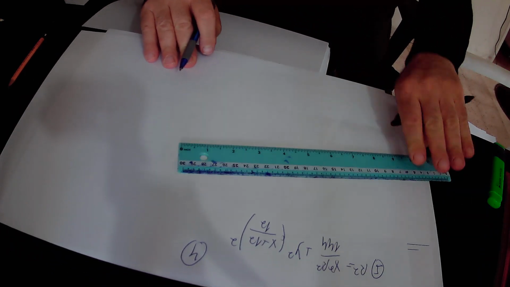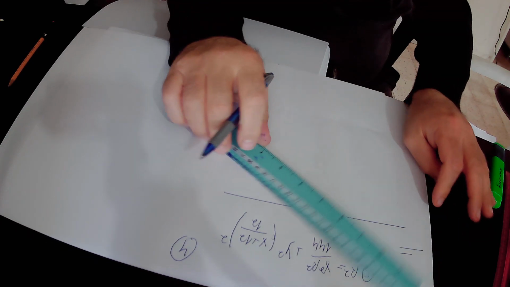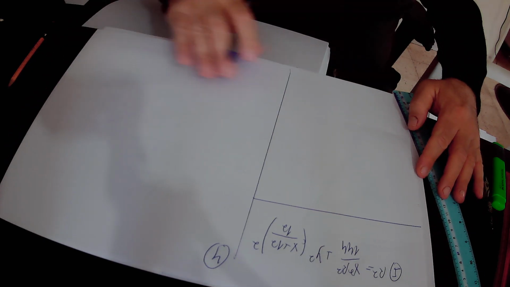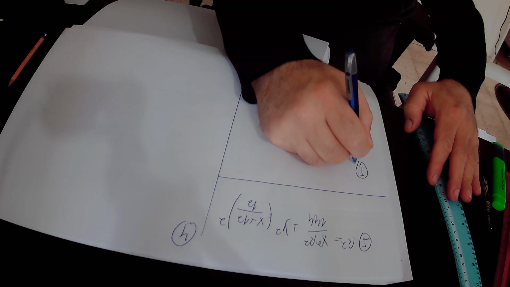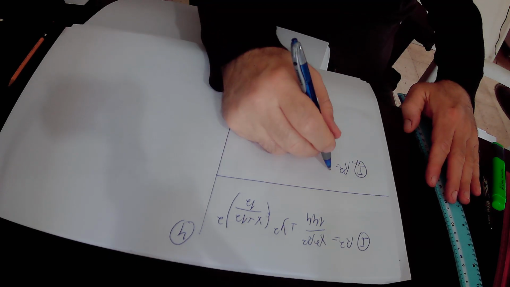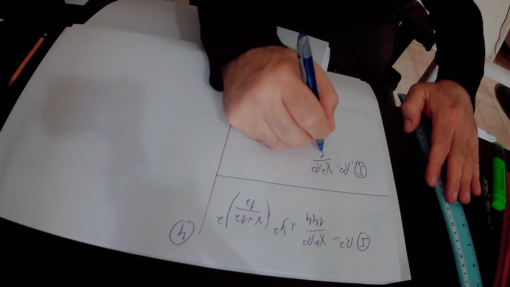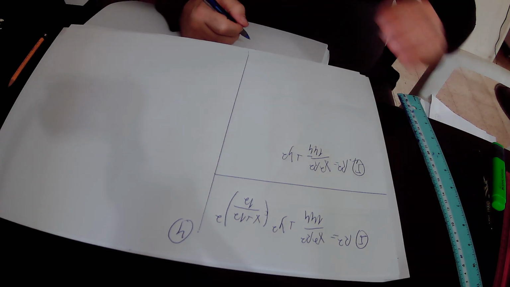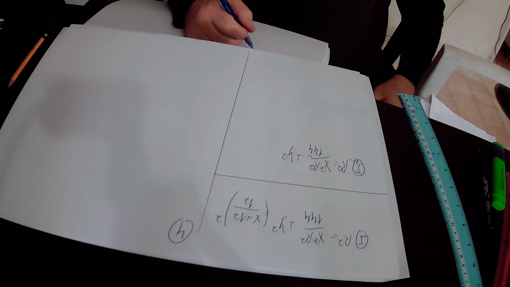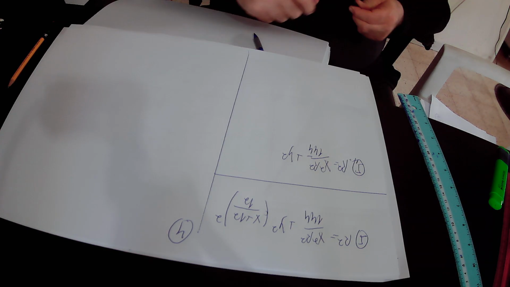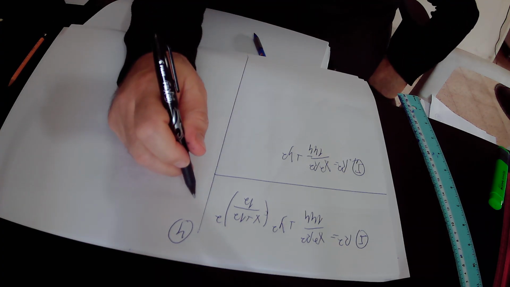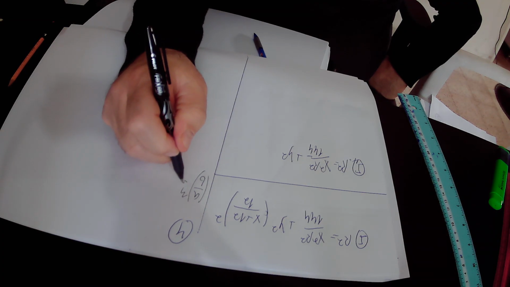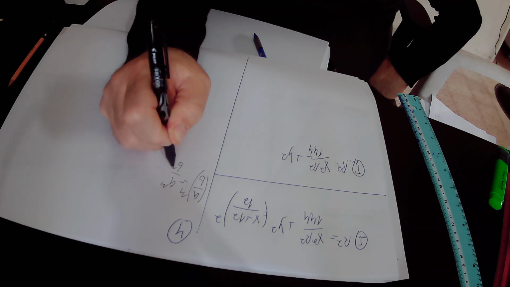So we found out that according to equation 1, R squared equals x squared times R squared over 144 plus y squared, and here we have the algebraic identity that says that (a over b) to the power of m equals a to the power of m over b to the power of m.